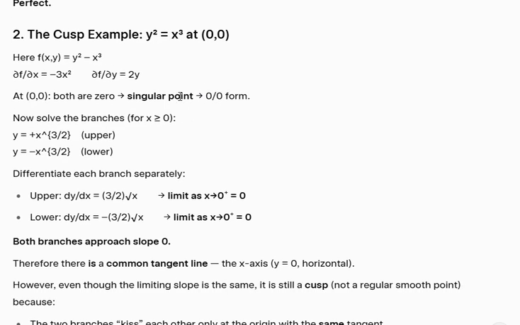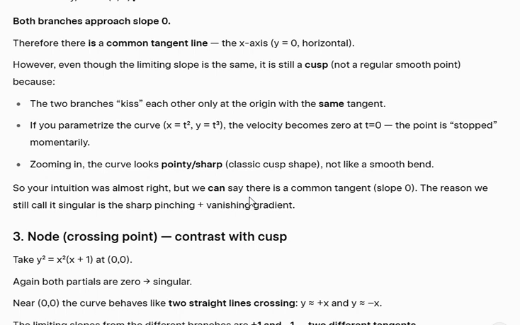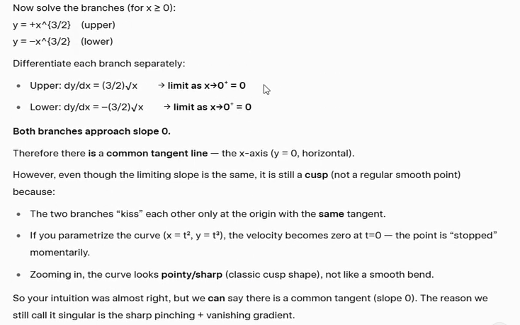In order to represent that minus 0.00-something and plus 0.00-something, the only option for dy by dx is the 0 by 0 form, because it is not exactly equal to 0.